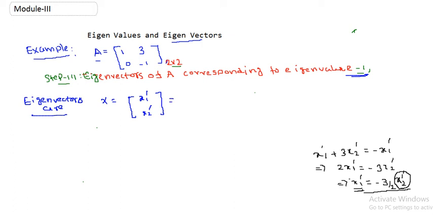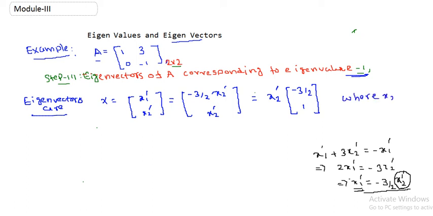Now put the value of x1 dash, and we get minus 3 by 2 x2 dash. Now we will take x2 dash outside, and we can write it in this form. Here x2 dash is a real number. Because we are talking about the eigenvector, we do not want to take x2 dash equals 0, so x2 dash is a non-zero real number.